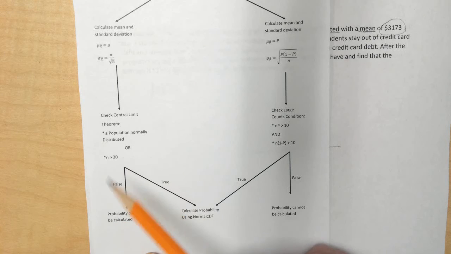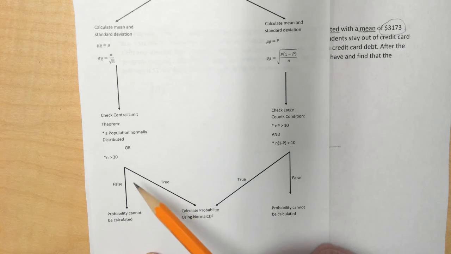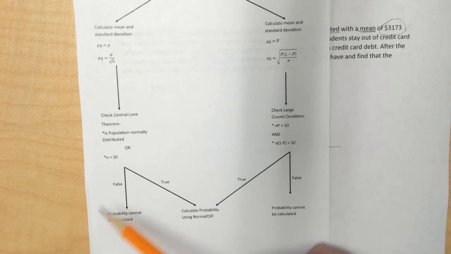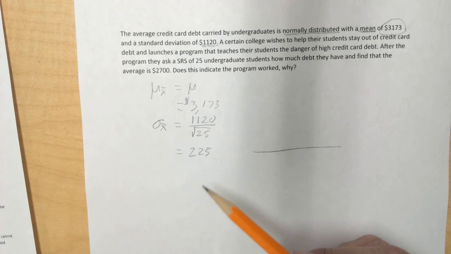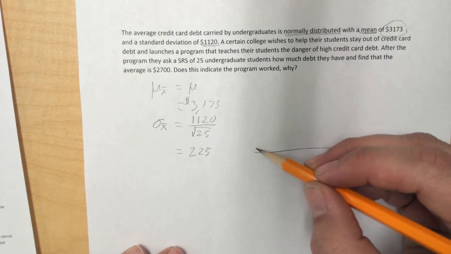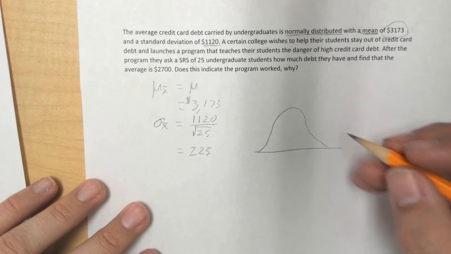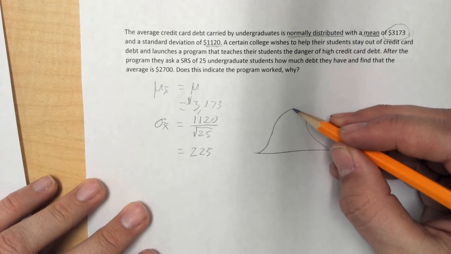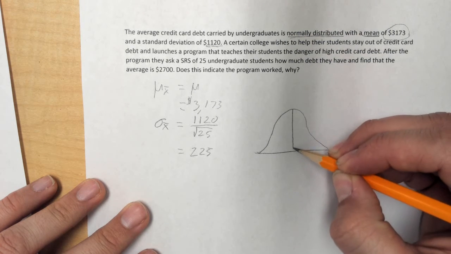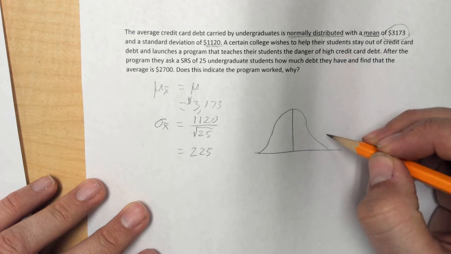If the central limit theorem does not hold true, then we can't calculate the probability using normal CDF. So we can draw a normal curve because it's normally approximated, and our sampling distribution is normal.